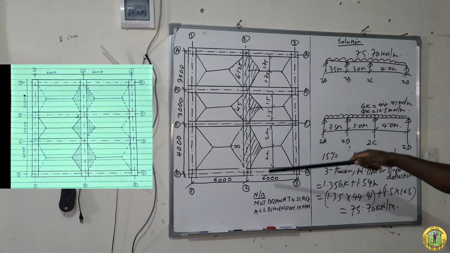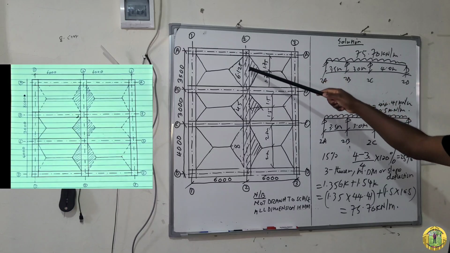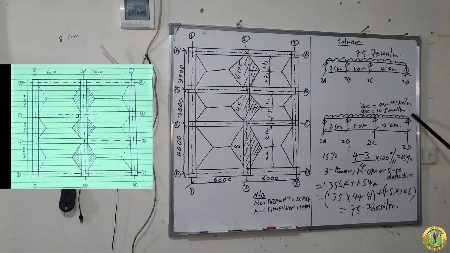We were able to calculate loadings on this beam on grid line 2, which is this beam, and this was our finding values, whereby GK is equal to 44.41 kilonewton per meter, and the QK is 10.5 kilonewton per meter.